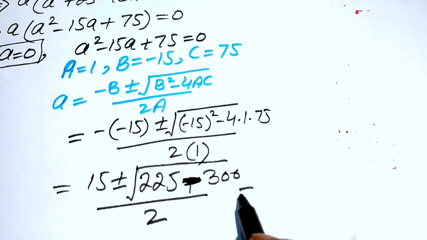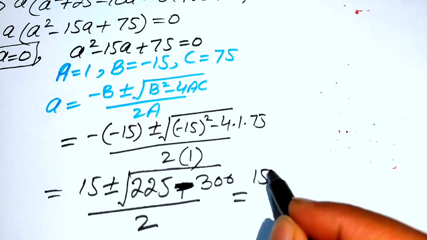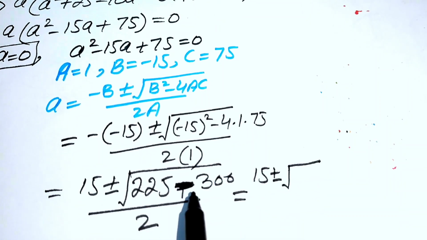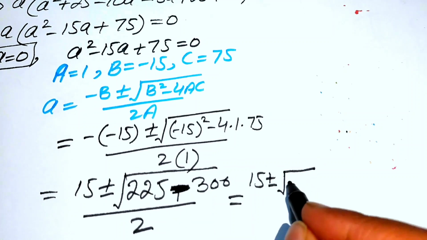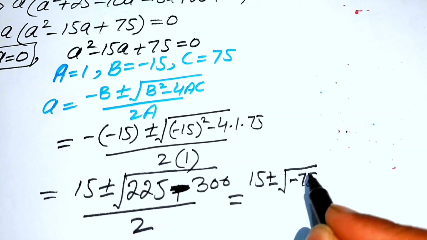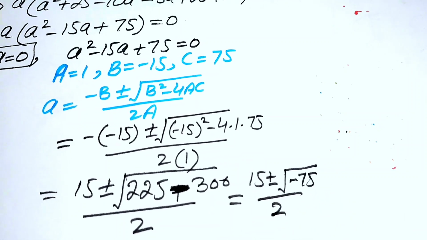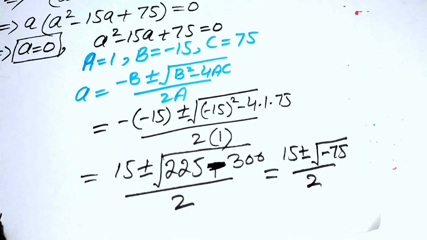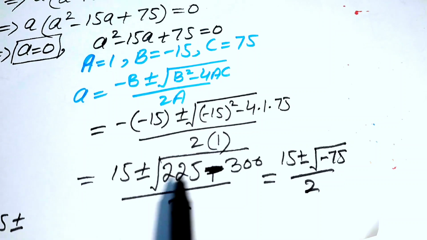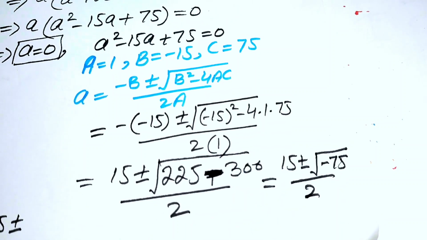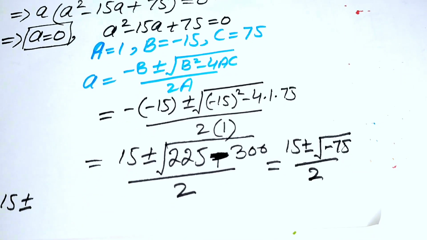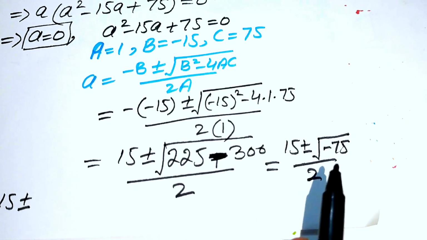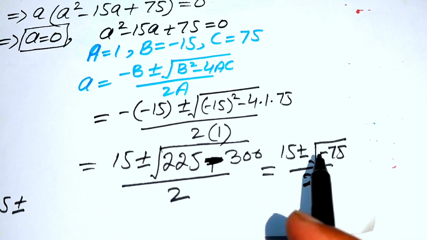Now we simplify these terms and we get 15 ± square root of 225 - 300 equals -75, divided by 2. So here we get a = 15 ± square root of -75 over 2. We know that this negative sign occurs inside the square root, so it becomes iota, and we write this 75 as 25 times 3.